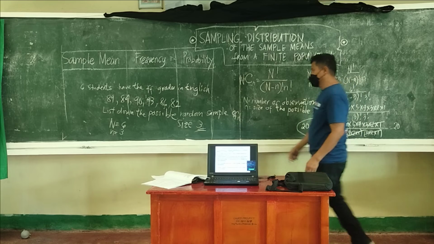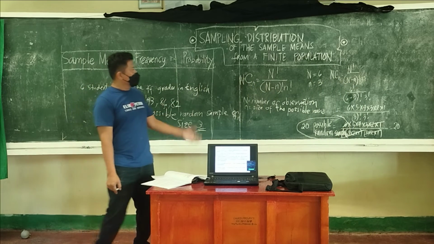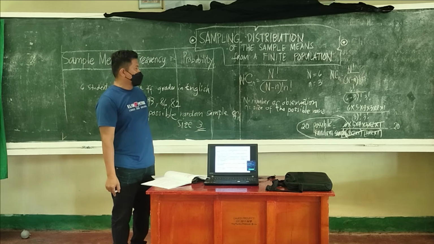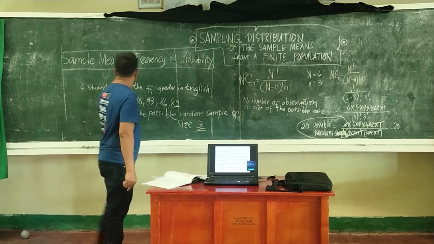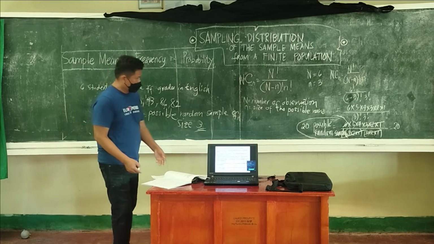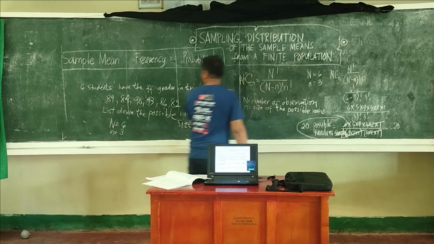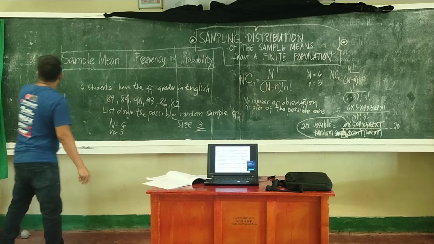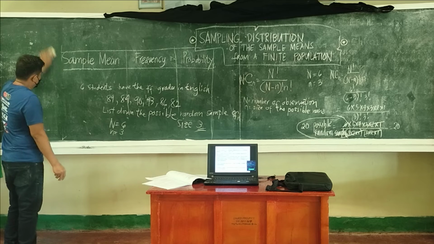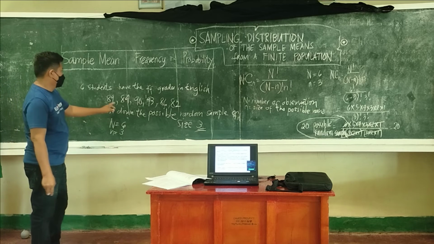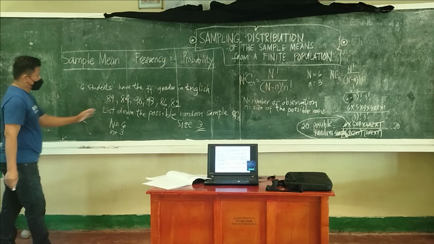So how can we list them down? After solving for the possible random samples using the formula of the combination, we are going to list down all the possible random samples of size 3.